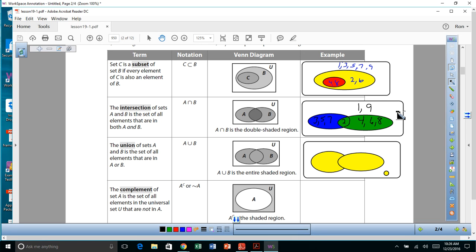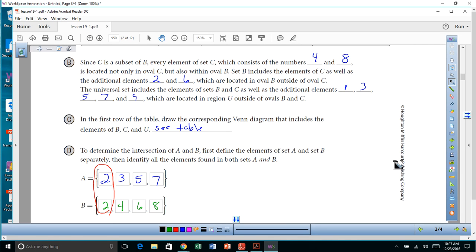So 2, and then 3, 5, and 7, and 4, 6, and 8. And the only things in the universal set that weren't in here were 1 and 9. Okay. All right. So the entire region is shaded. Good.